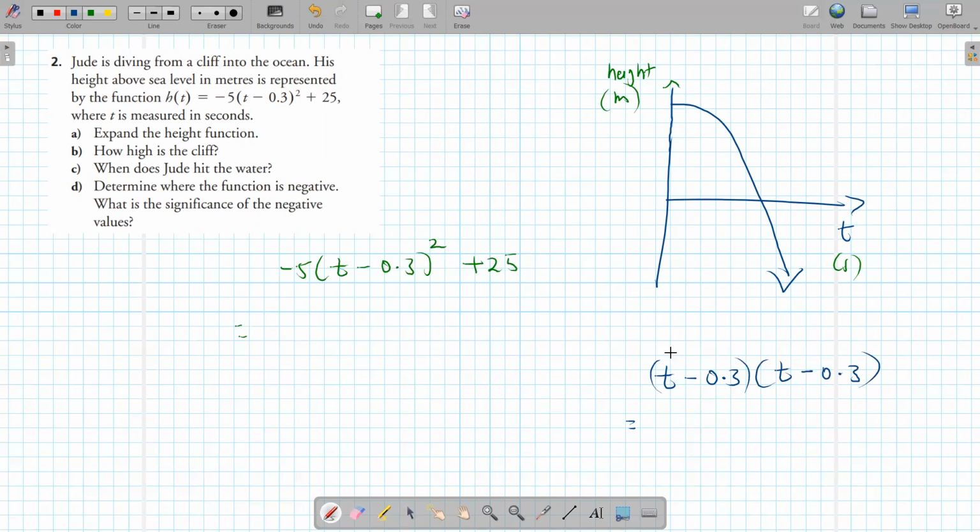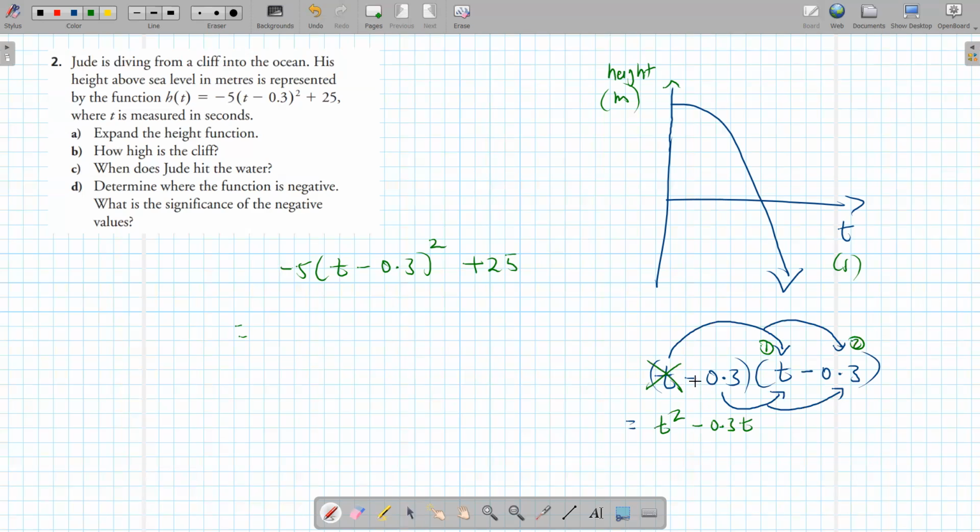Now look at this. We're going to FOIL this. And whenever you FOIL, you go from here, here, from the t, now t is done. Then you go from the -0.3 here and here. Let's go the first one. What's t times t? T squared. Right, what's t times -0.3? It's -0.3t, okay? Now we've dealt with this guy.